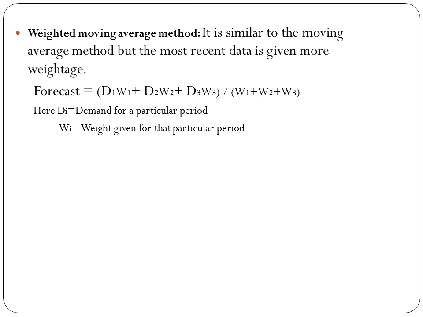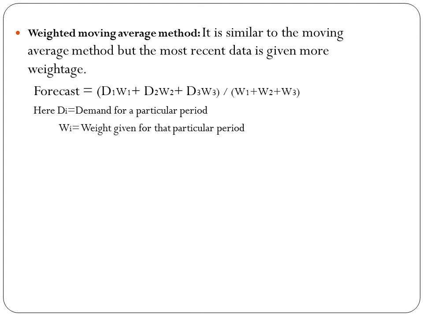And Wi is the weight given for a particular period. For D1 we will give weight W1. If D1 is the most recent, then weight W1 would be greater than all the other weights W2 and W3. Similarly, W2 would be greater than W3.